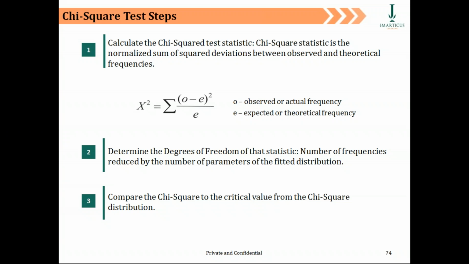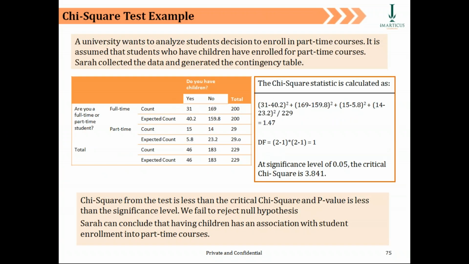Yes, sir. One example is given here, wherein one data set is given. Look here. Yes, no. The first is full time count: yes is 31, no is 159. Part time count: yes is 15, no is 14. Got it?